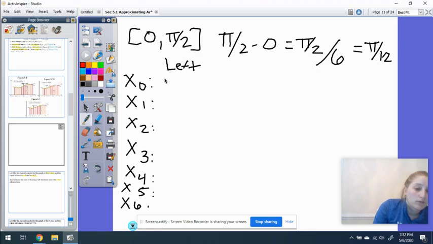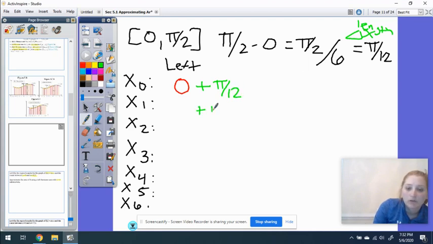Okay, so the very first number that I have is 0 to start with. All right, my length, should have labeled that. This is my change in x, this is my length, is pi over 12, which means every single time I'm going to be adding pi over 12 to get the right bound. So I'm going to go ahead and write that down just because that way it's all color-coded and beautiful.